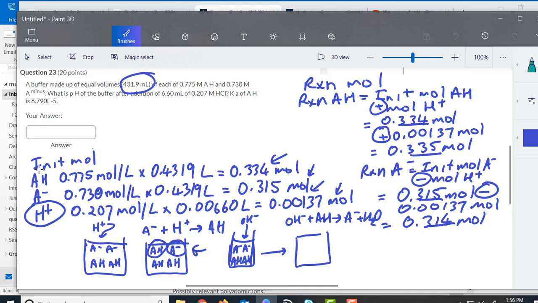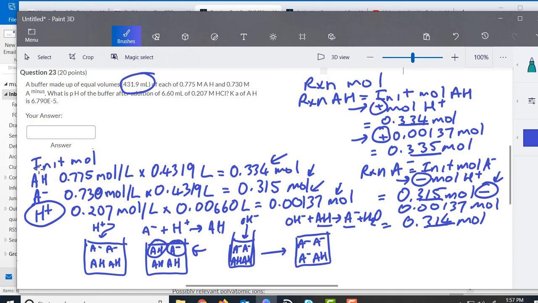So the A minuses end up going up and the AHs end up going down. So in that situation, this plus here that I'm pointing to would end up becoming minus in the case of AH, and this minus that I'm pointing to here will end up becoming plus in the case of A minus, because you can see the OH minus causes the production of A minus and the loss of AH from the solution.